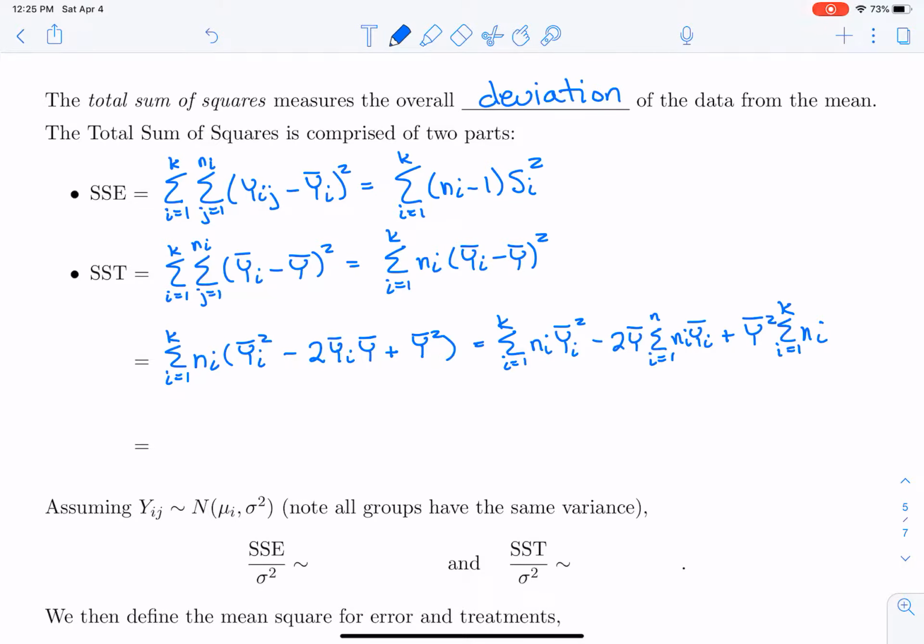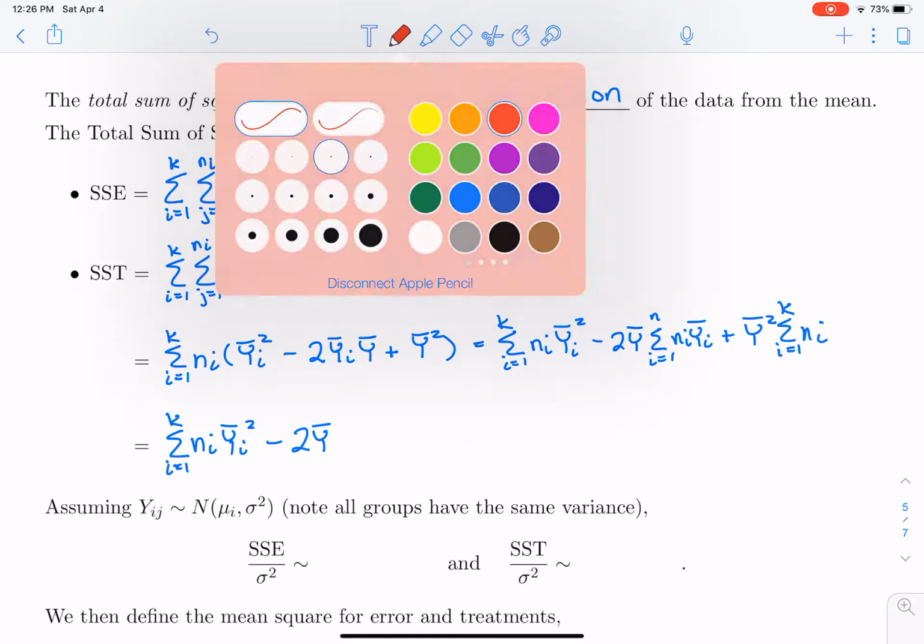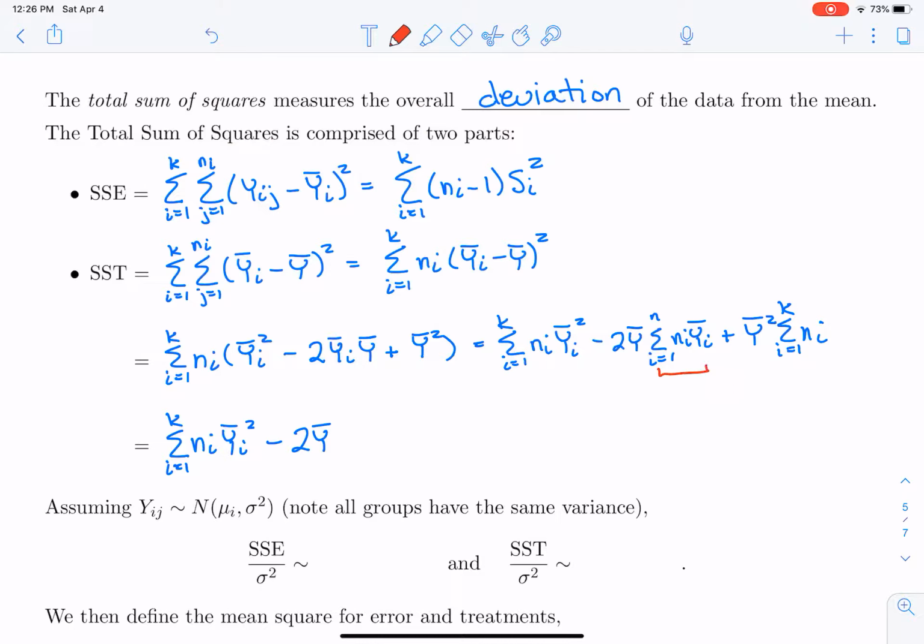Okay, so I'm going to repeat the first term, the sum from i equals 1 to k of n sub i y sub i bar squared minus, okay, so I'm going to get a 2y bar, and then when I'm looking at this sum, if I sum n sub i y sub i bar, well, that is a linear combination of the means.